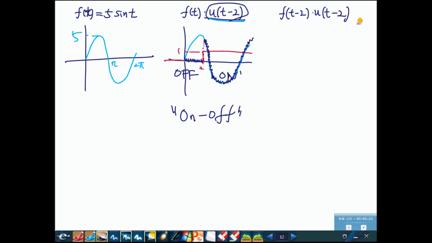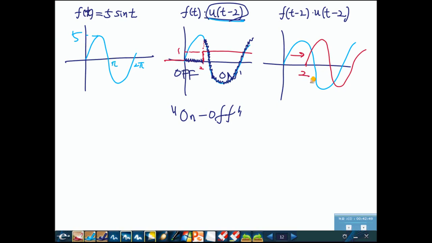That's the shift that we want. Not just u, but t has to be shifted also in the original function. Then the function will be this. At 2, it's exactly the shift that we want.